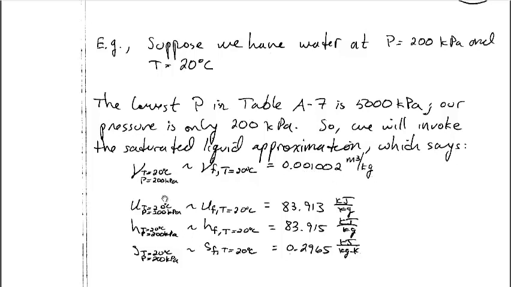And we can do this for all of our properties. We can do this for internal energy, enthalpy, and entropy, where we assume that the internal energy of water at 20 degrees C and a pressure of 200 kPa is approximately equal to the saturated liquid internal energy at 20 degrees C, and the same for enthalpy, and the same for entropy.